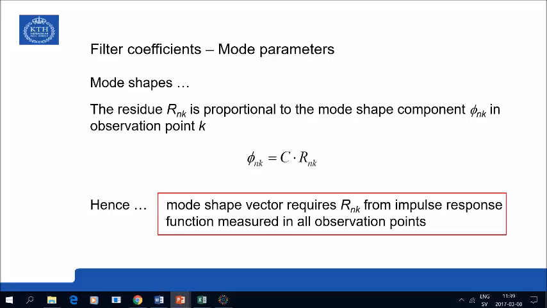This means then that in contrast to the system poles, we need to determine the residues for the mode for all impulse response functions that we have measured. So for each observation point, we need to determine the residues for all the poles.